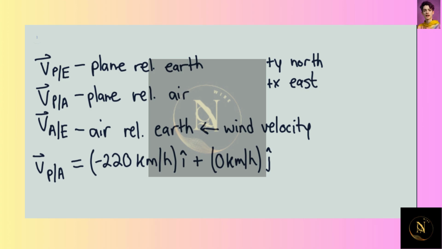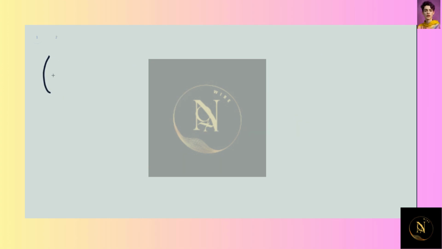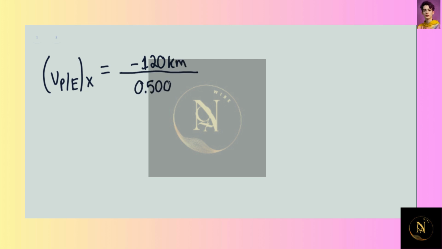So we can then say that after 0.50 hours, we can find the velocity of the plane relative to the Earth. The velocity of the plane relative to the Earth in the x direction would be equal to negative 120 kilometers divided by 0.500 hours.